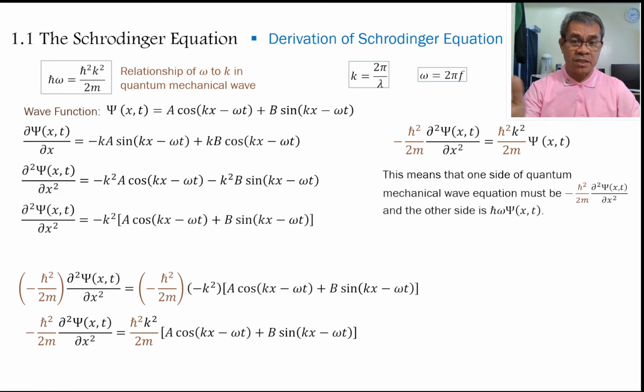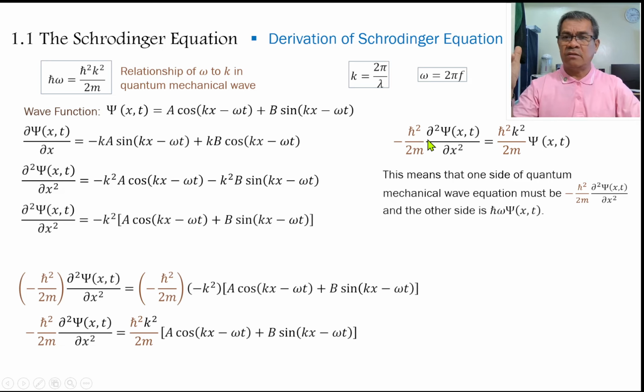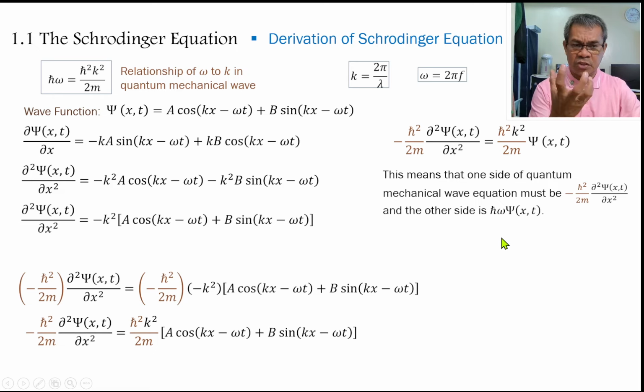Now, if you notice previously, if you take the derivative of psi with respect to t, it will come up with this relation. Okay? So, in other words, if this must be one side of the quantum mechanical wave equation, then the other side should resolve to this one.